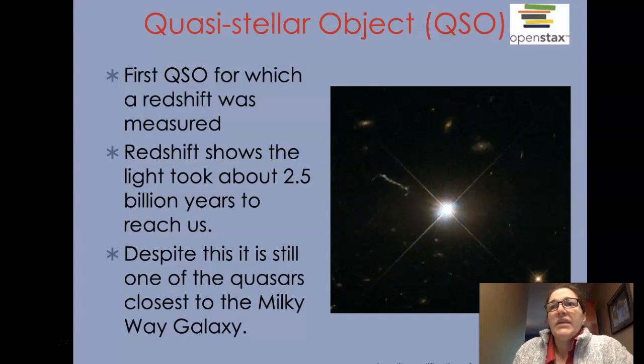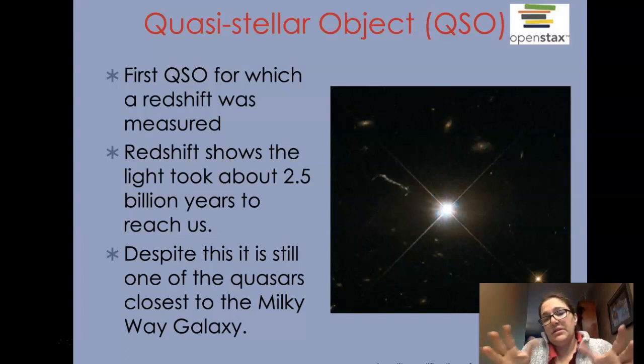3C273 is also one of the most luminous quasars that we see out there. Absolute magnitude of negative 26.7. And so you're thinking back to a couple of chapters ago, remember, the more negative it is, the brighter it is.